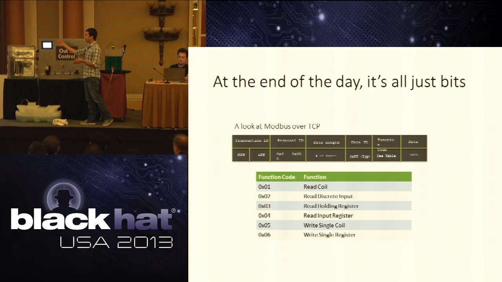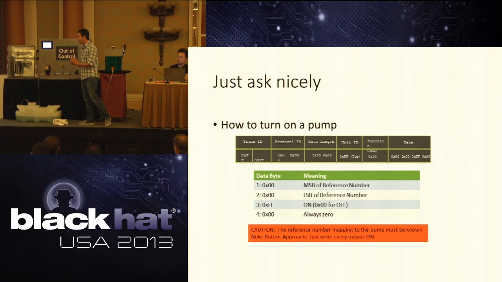We can also have other function codes, like holding register and input register. A register is just 16 or 32 bits of data that is used to hold an analog input or an analog output. So something that can't just be represented by a binary, such as one of these guys, this level sensor, would be an analog input. So we would call that a holding input register.